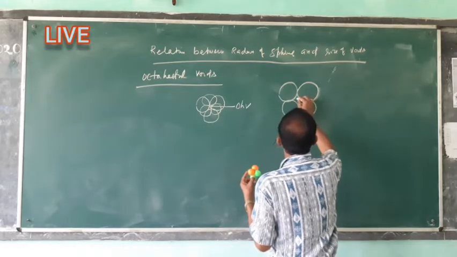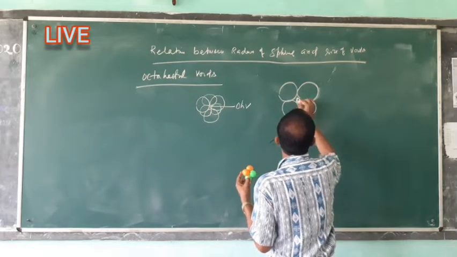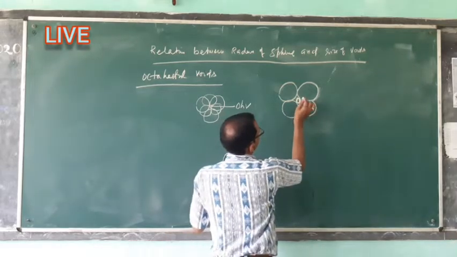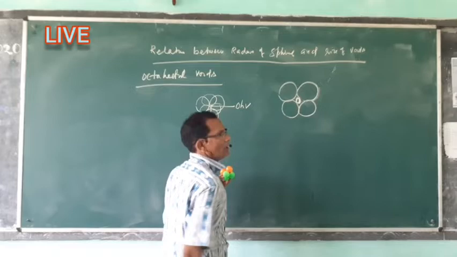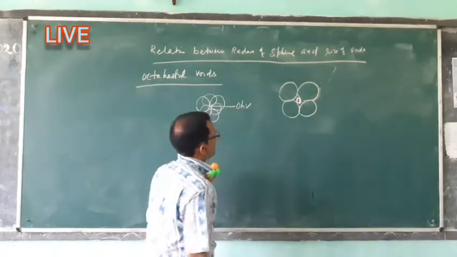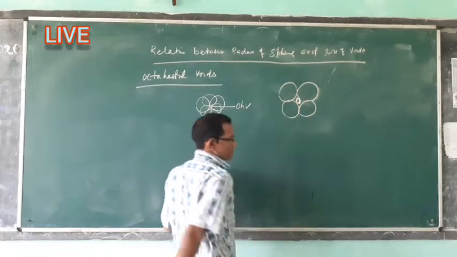So this is the void. This is your void, meaning the smallest atom present in the void, and these are the spheres.